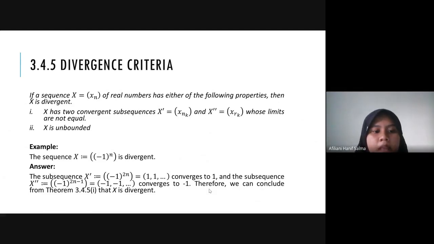For the example, the sequence X defined by (-1)^n is divergent. For the answer, the subsequence X' defined by (-1)^{2n} is the set of 1, 1, and so on, converges to 1, and the subsequence X'' defined by (-1)^{2n-1} is the set of -1, -1, and so on, converges to -1.